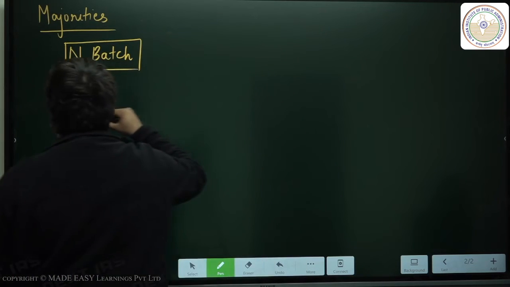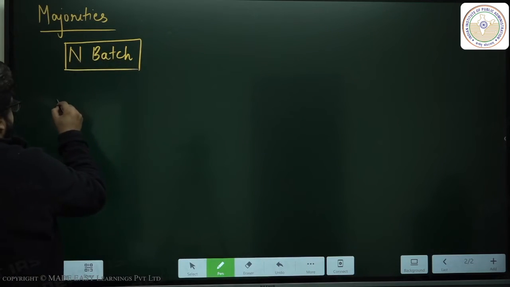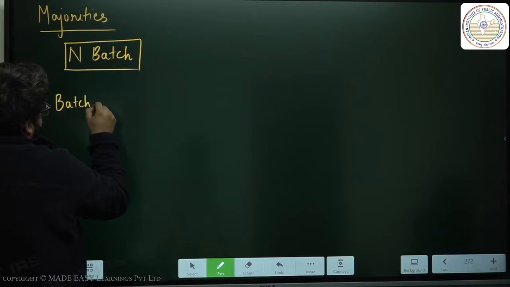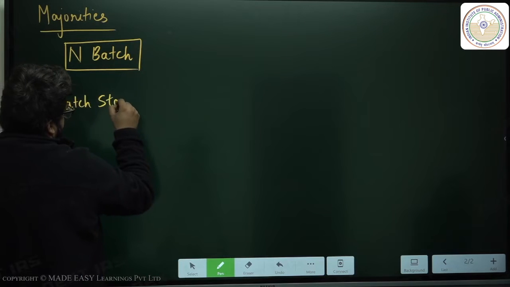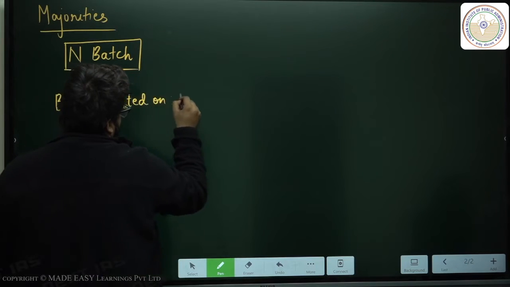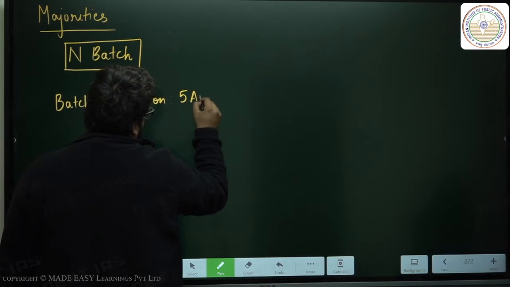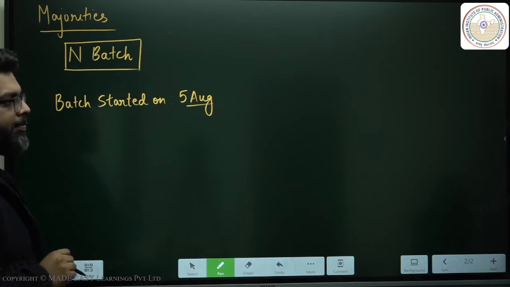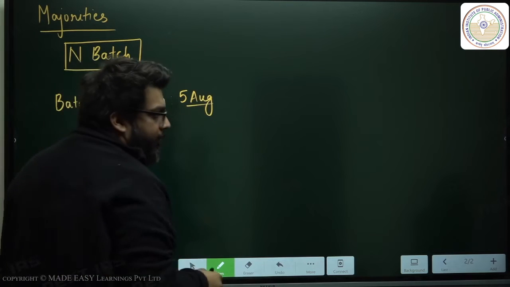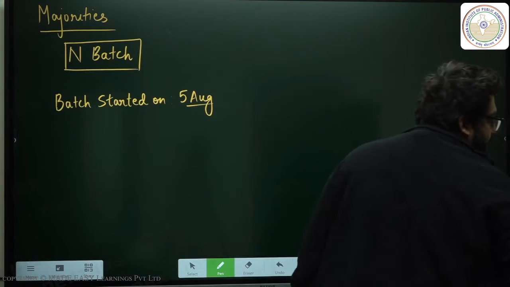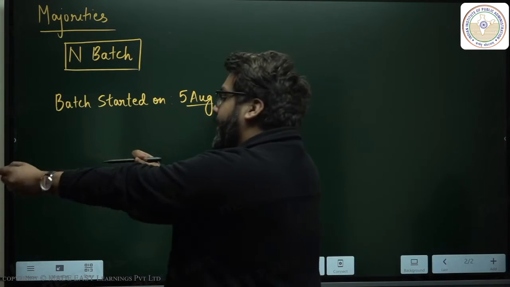So your batch started on 5th of August. Okay. Now this is important. All right. Thank you for letting me know. All right. 5th of August. Ab dekho, let's understand this.